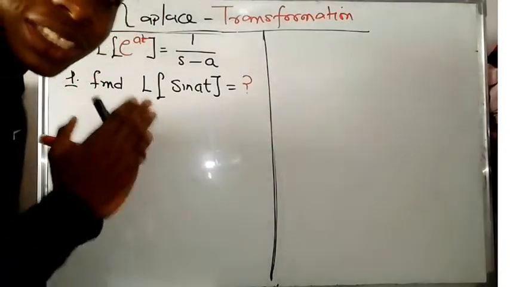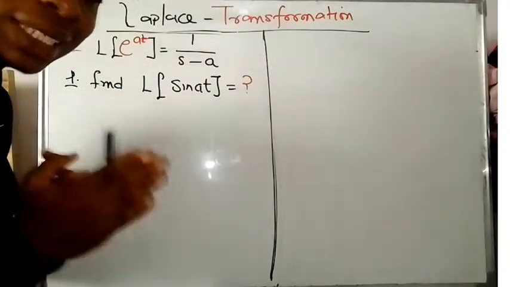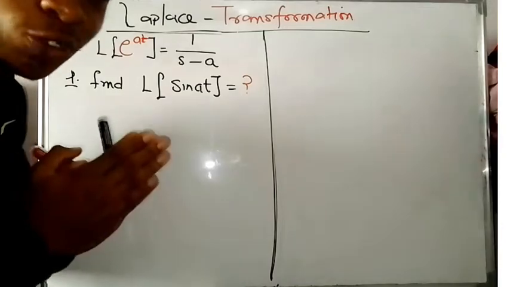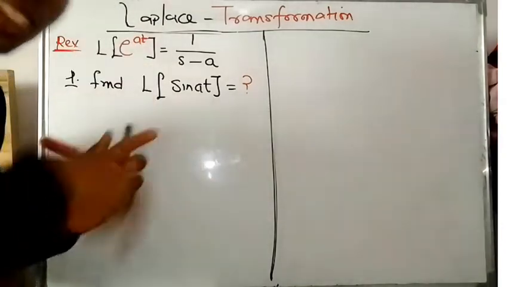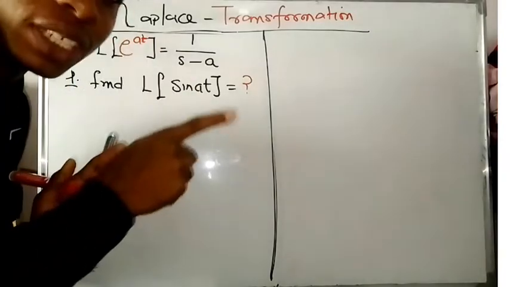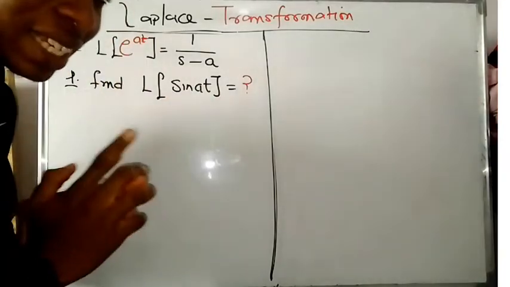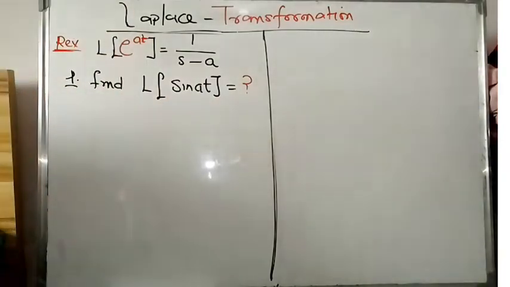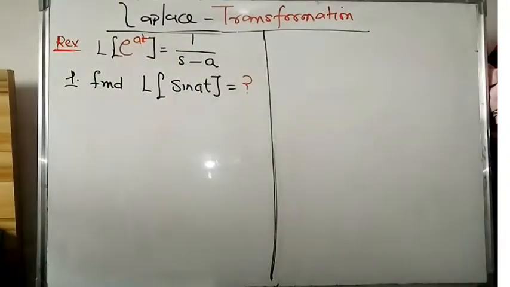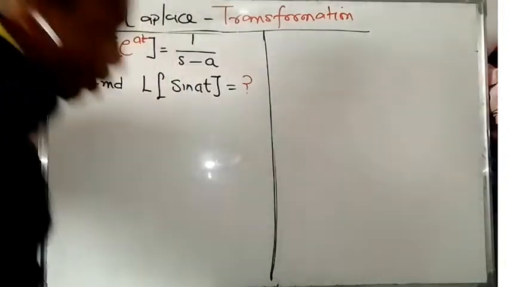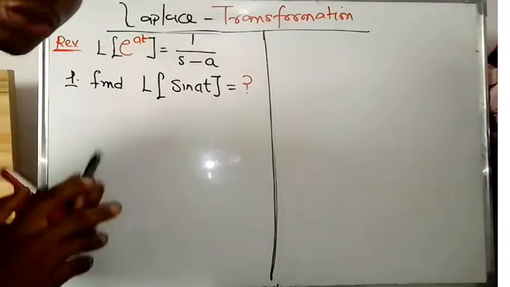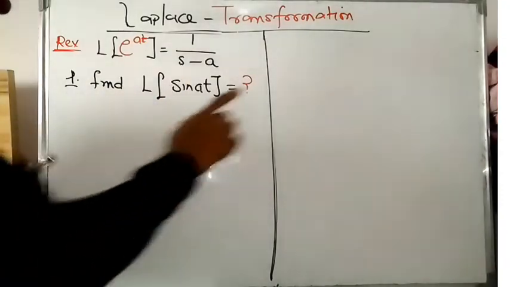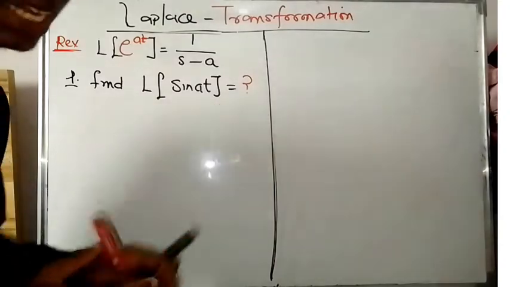Now we're going to follow the same steps we followed in our last two videos. Like I said, the general expression for the Laplace of a function is the integral from 0 to infinity of f(t) times the exponential of minus st dt. So now let me write what I mean. Let's find the Laplace of sine at.